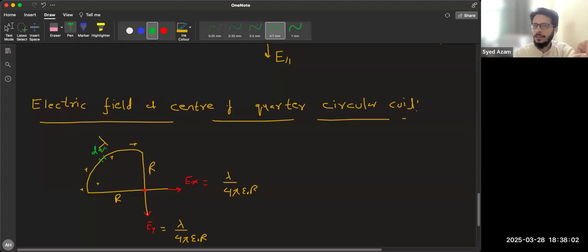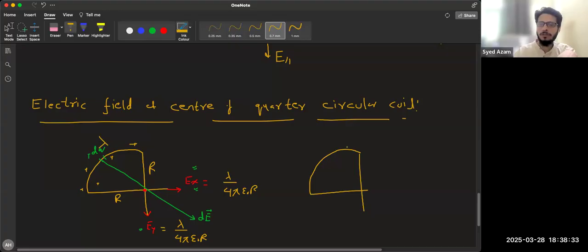If the linear charge density is positive, the charge over the small element is positive, and the direction of the field is this. If you take the components of this dE, one component acts along the x-axis, another along the y-axis. The x component will be along positive x-axis, and the y component is along negative y-axis, in the downward direction.